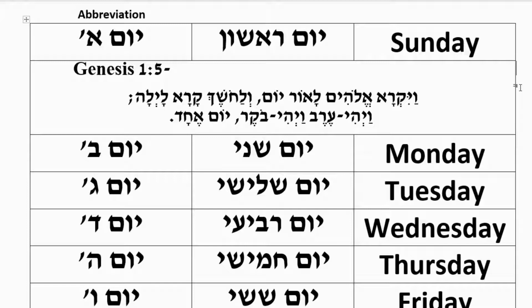So a day is considered from sundown to sundown. Sunday actually, in the Hebrew calendar, starts the night before. So sundown Saturday night would actually be the beginning of the first day, according to the biblical reckoning of days.